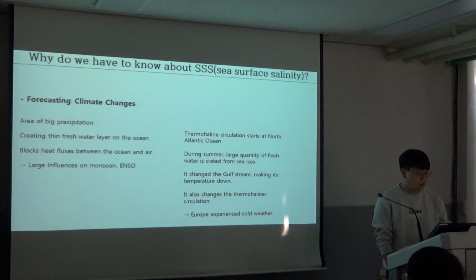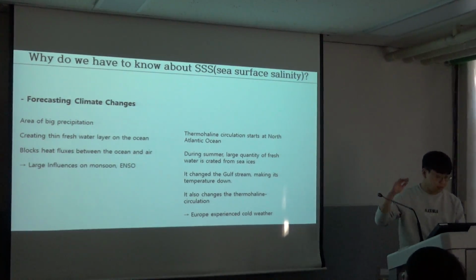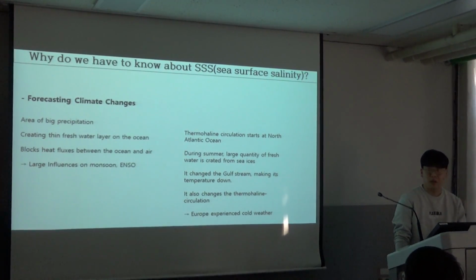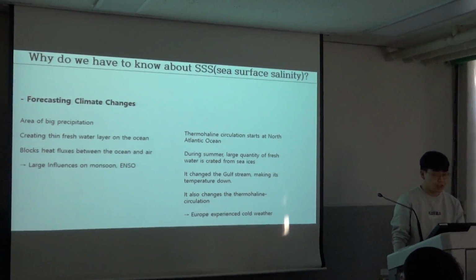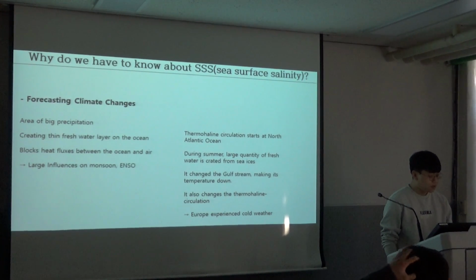Another example of climatic change takes place at much higher latitudes. We all know that thermohaline circulation starts in the North Atlantic Ocean. During summer, sea ice starts melting and it creates tons of fresh water going down to the ocean.